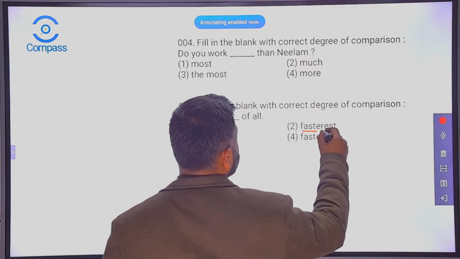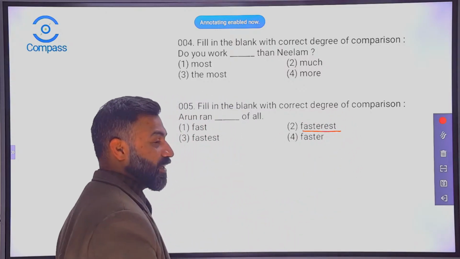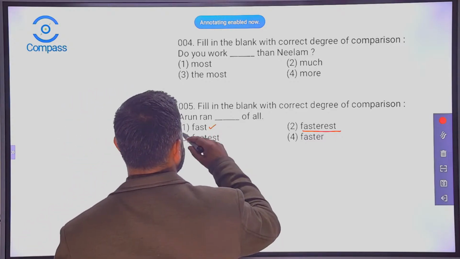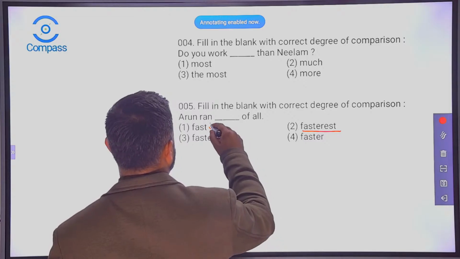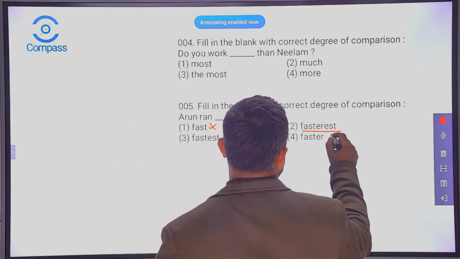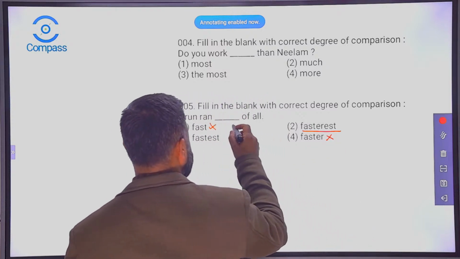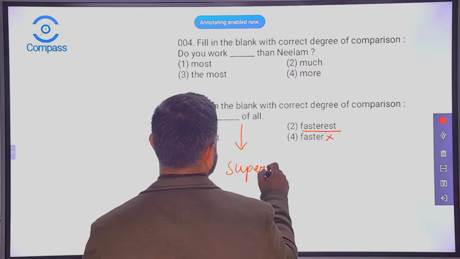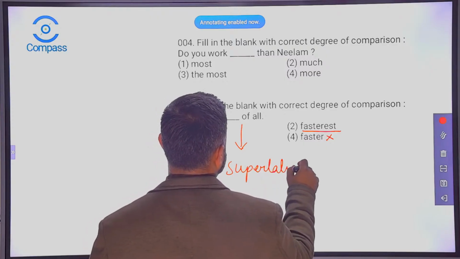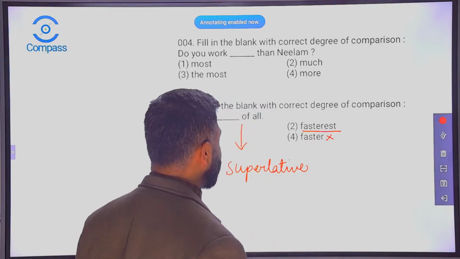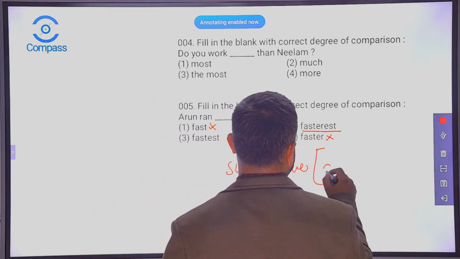Okay, some word is written which is invented, I would say. All right. So now we have fast. Arun ran fast of all. No, that's wrong. Arun ran faster of all. That's also wrong. Now what does this show? Superlative. It's talking about superlative, the highest degree of comparison, right? Superlative.